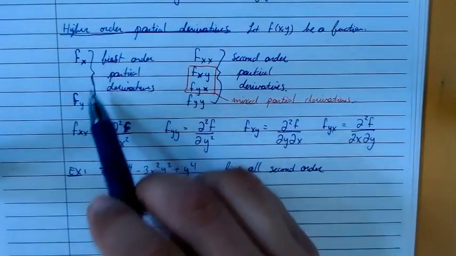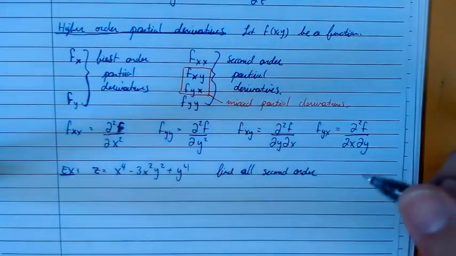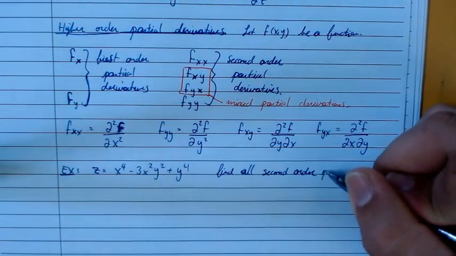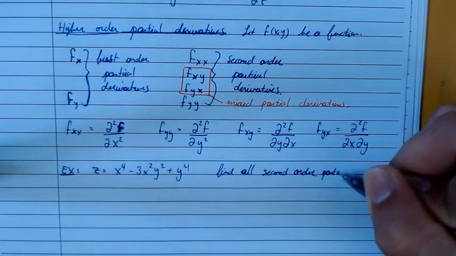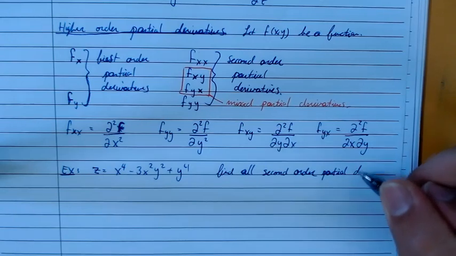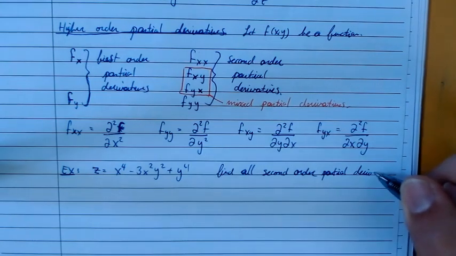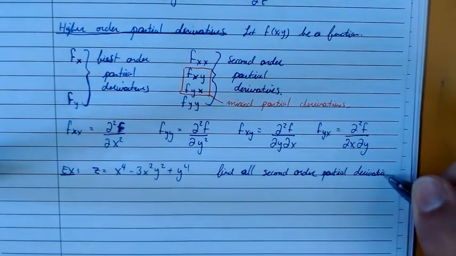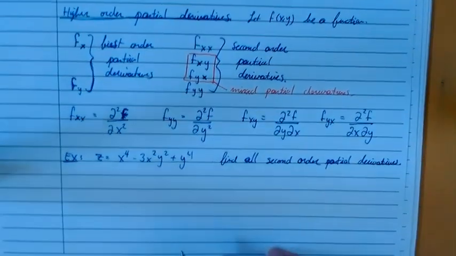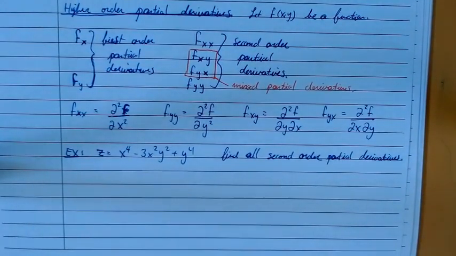First, you're going to have to find the first partials, and then from there you can find the second partials. So go ahead and give this a try. Pause the video, and once you're done, go ahead and unpause, and we'll confirm these together.